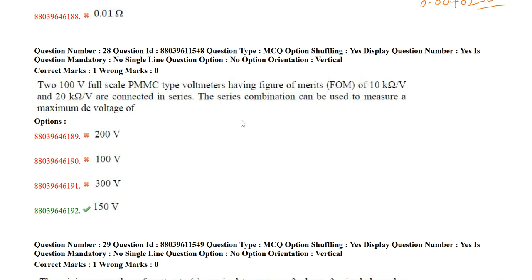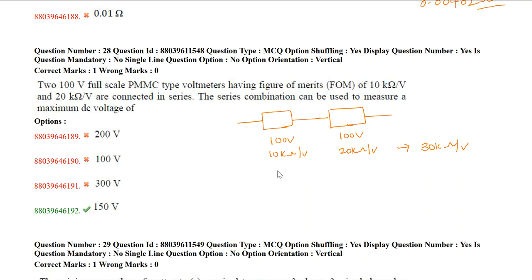Okay, see the question here. There are two PMMC instruments connected in series. Both have a range of 100 volts, and the sensitivity is 10 kilo ohm per volt and 20 kilo ohm per volt. So the total sensitivity of the instrument is 30 kilo ohm per volt.